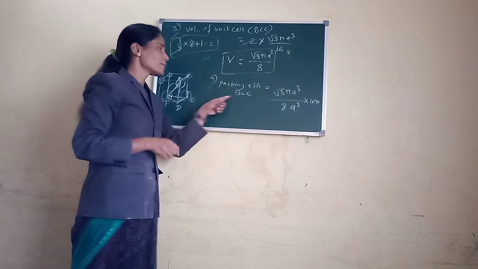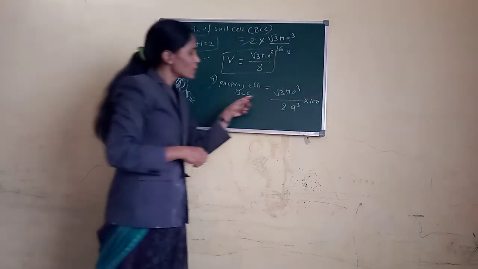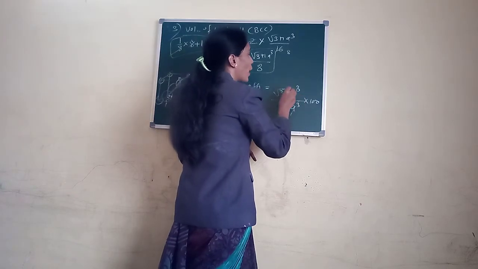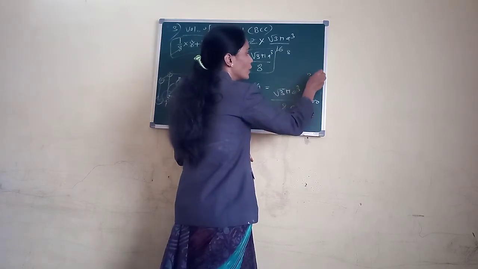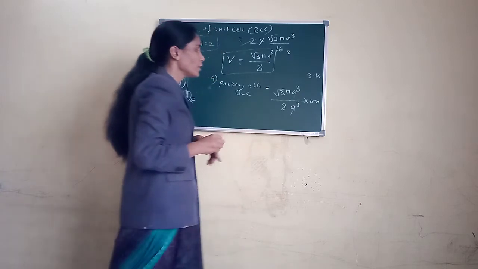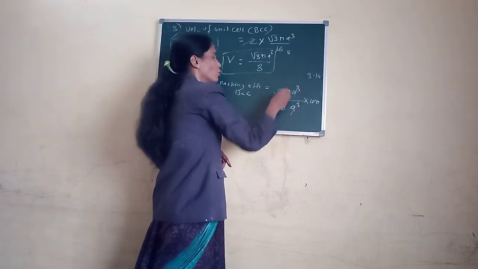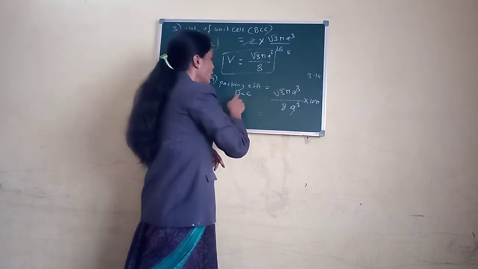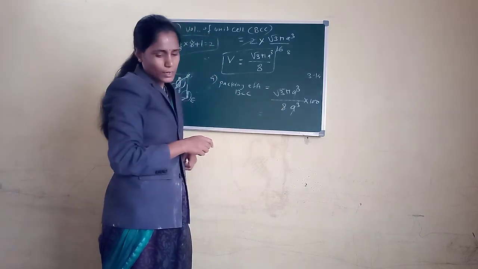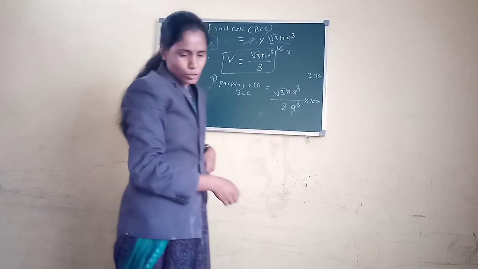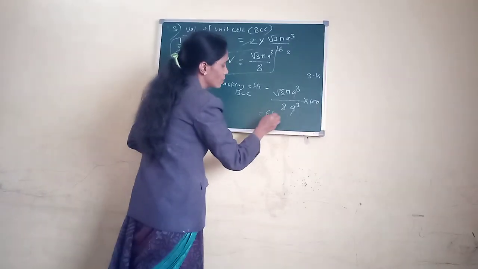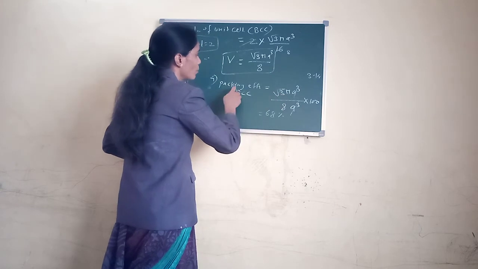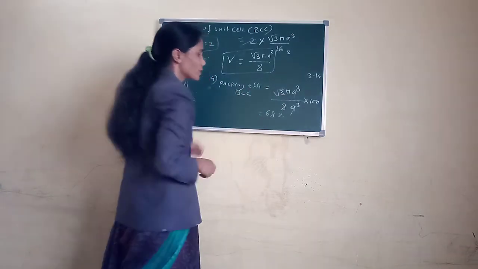This is the packing efficiency of BCC. By simple calculation, a cube gets cancelled, pi having value 3.14. By calculating the value, we get packing efficiency is about 68%. The answer of this volume packing efficiency is 68%.